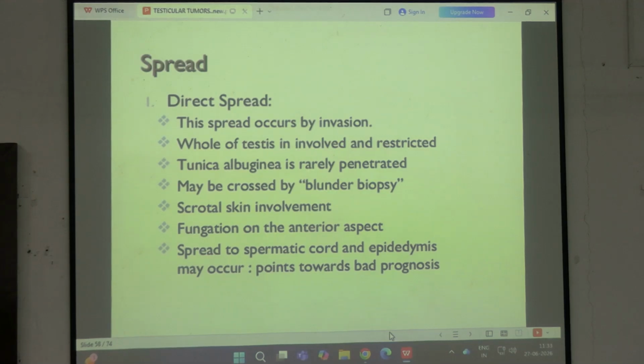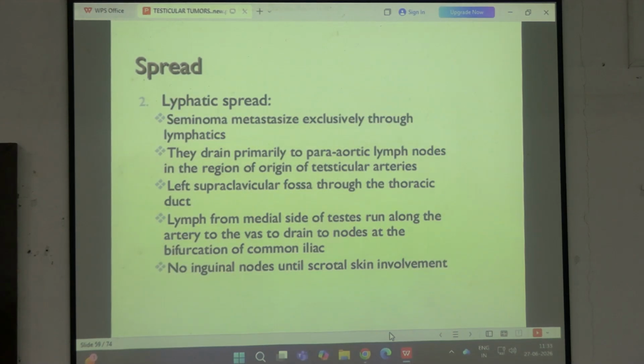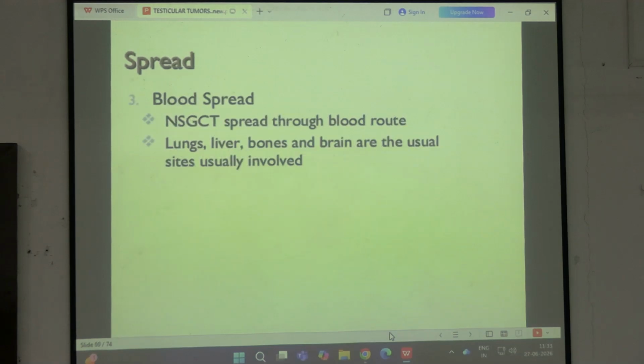Spread can occur by direct invasion or via lymphatic and hematogenous routes. I already told you that seminoma most commonly spreads through the lymphatic route, and non-seminomatous GCT usually spreads via the hematogenous route.